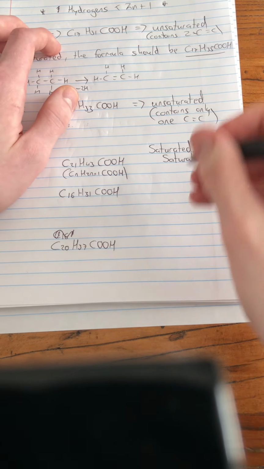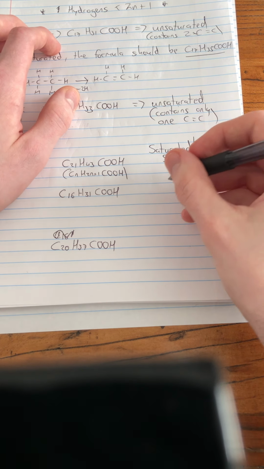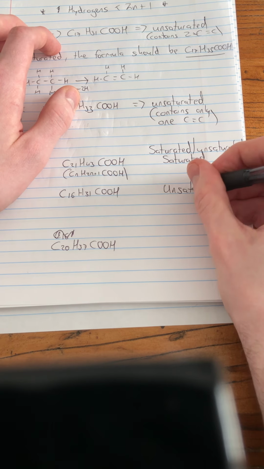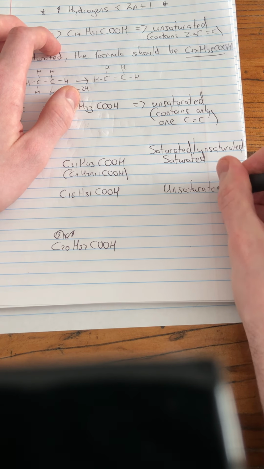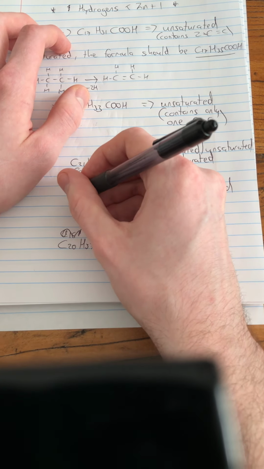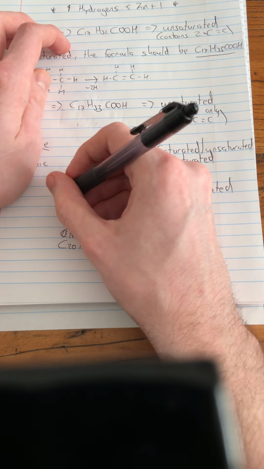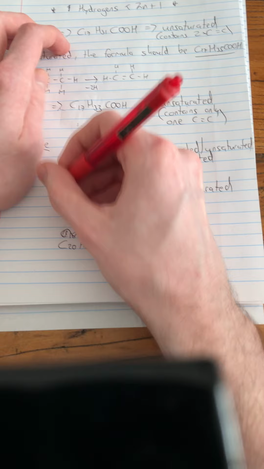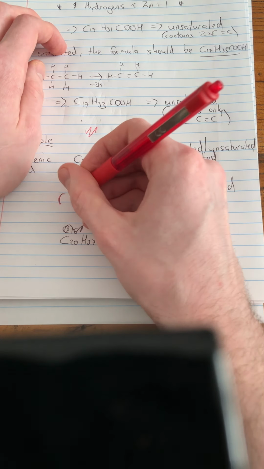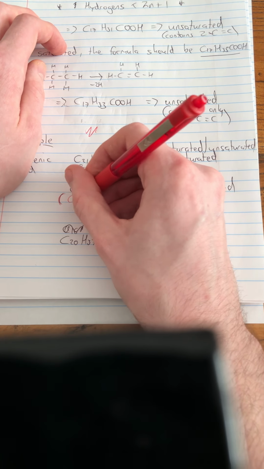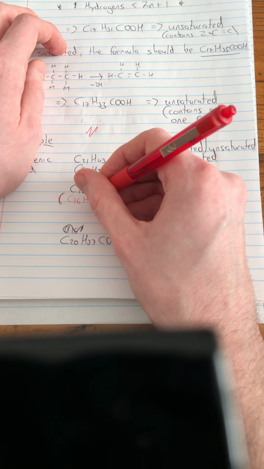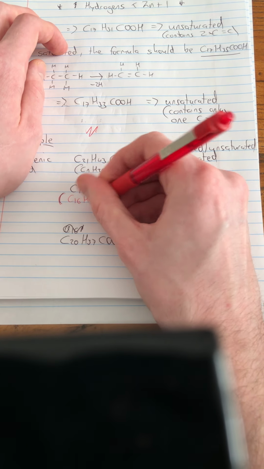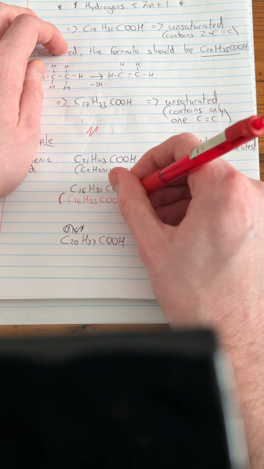Now, if we look at this, I can instantly say this is unsaturated. The reason it's unsaturated, if we follow the general formula, that would be C16, H 2 times 16, 32, plus 1, that would be H33COOH.